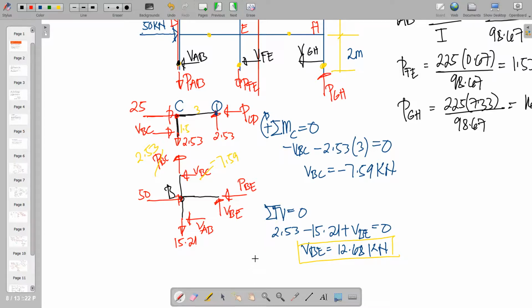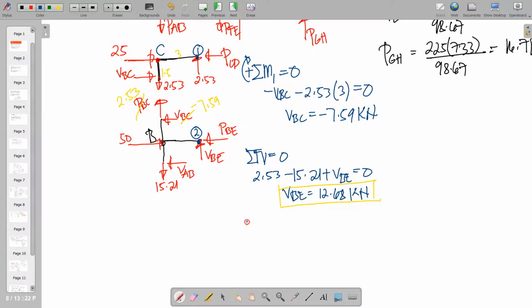So what can we get from that? Now we are going to take moments at this point. Say this is 0.2. By the way, this is 0.1. So we take moments at 2.